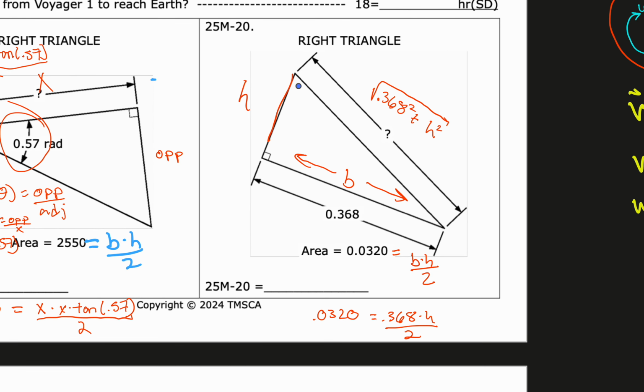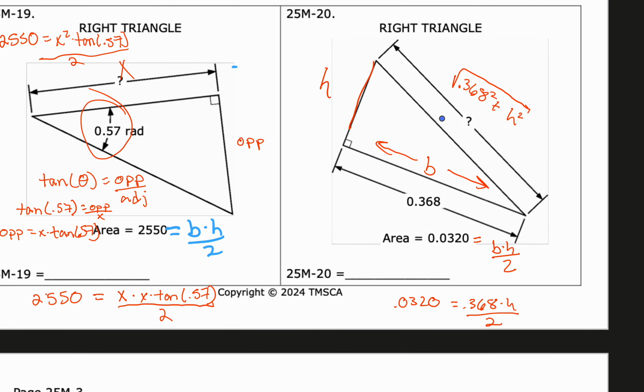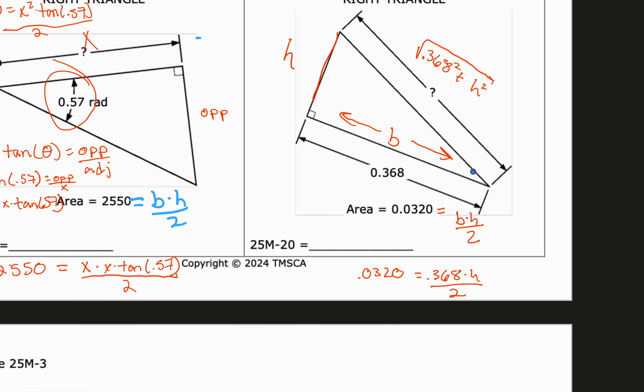Number 20 is another question involving a right triangle and area. In this case, they give us the area, they give us the base, they want us to find the hypotenuse. We could try doing it in a similar way as this question, where it's the base and then the height, and then we do more trick stuff, but we don't have an angle here.